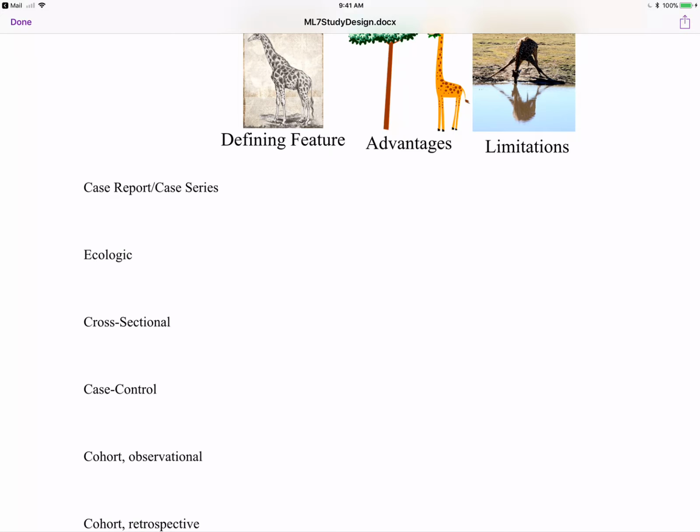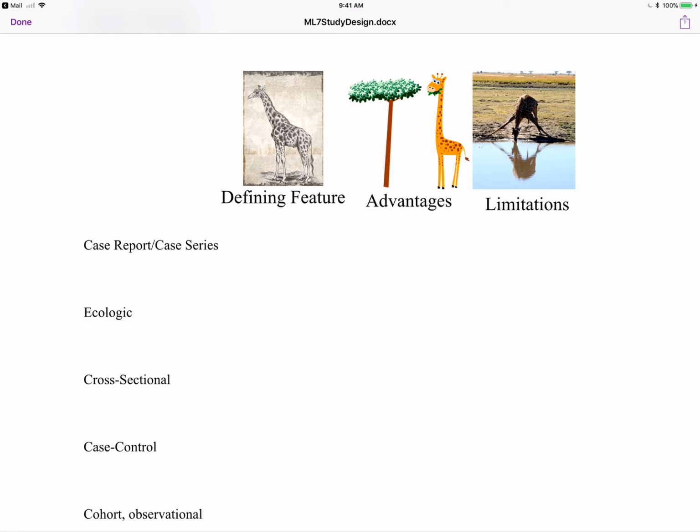Each of those defining features has its own associated advantages and limitations that are dependent on the defining feature. So we will learn specifically what some of the advantages and limitations are for cross-sectional studies, and what is the defining feature of the cross-sectional study.